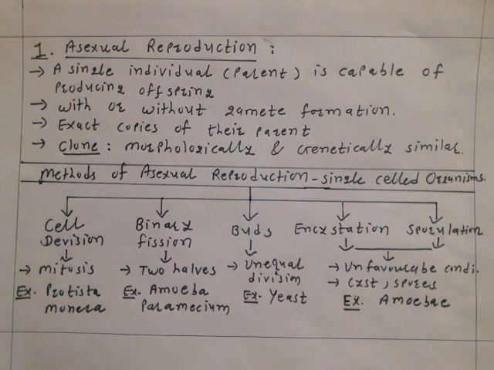Various methods of asexual reproduction are observed in living organisms. Now, methods of asexual reproduction in single cell organisms. As you know, single cell organisms have a very primitive body structure, only a single cell. Various methods are observed in single cell organisms for asexual reproduction.